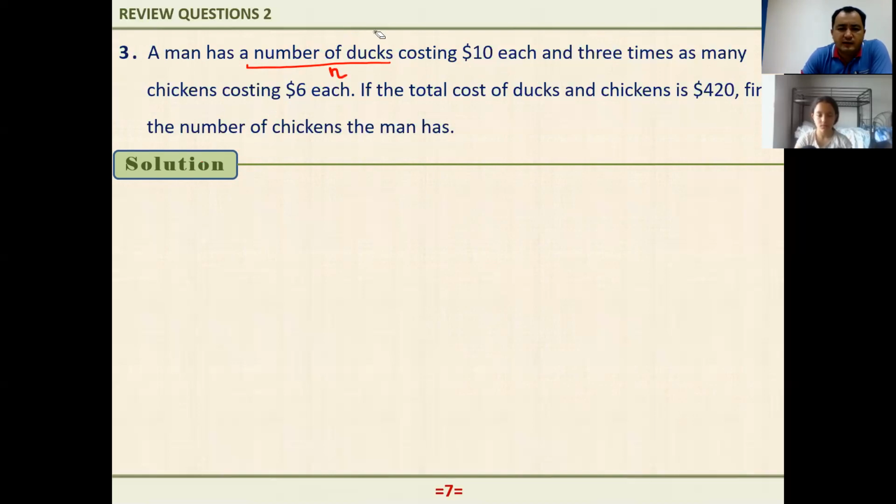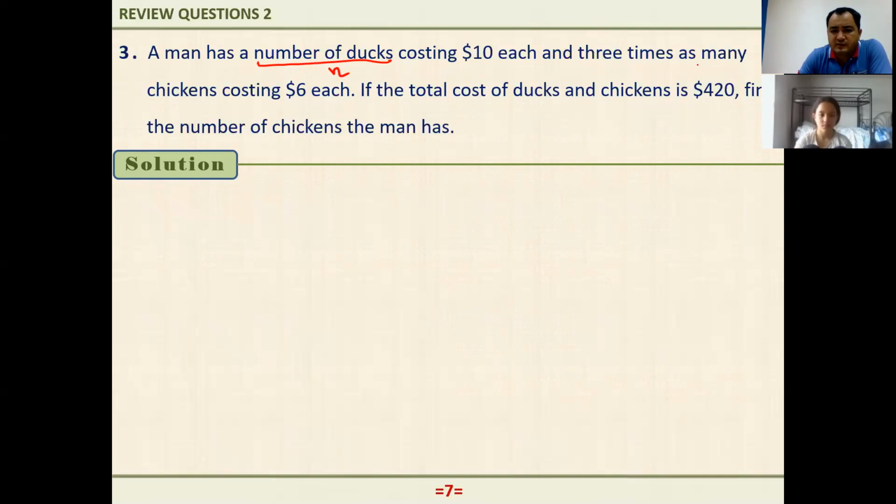Or let me just write here, number of ducks, let's denote this with N. And 3 times as many chickens costing $6 each. What does it mean?